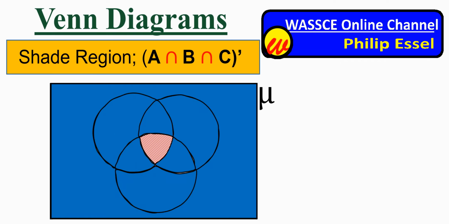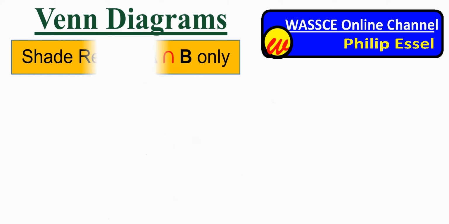Now this area shaded blue is the area A intersection B intersection C complement. As you can see, it is within the universal set, and at the same time it is outside A intersection B intersection C.